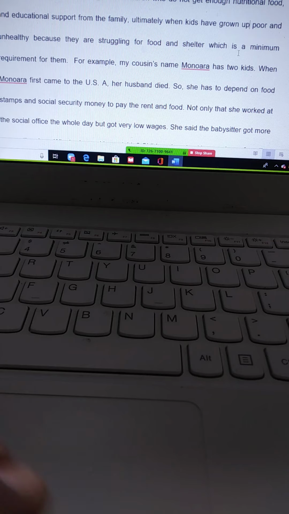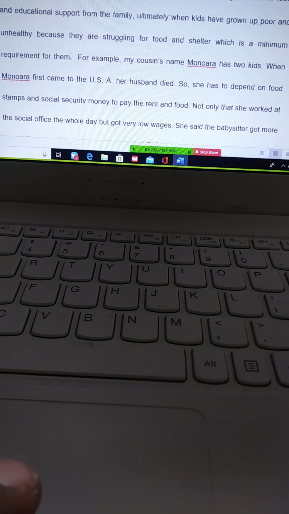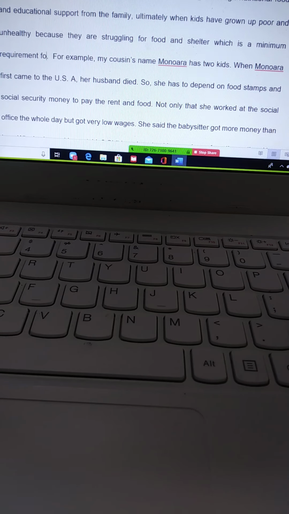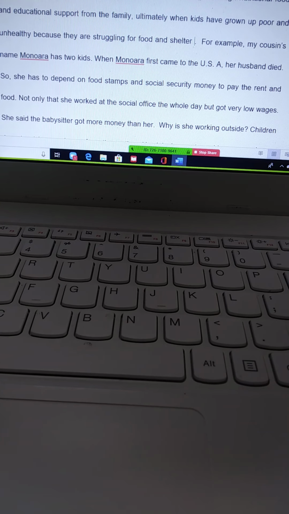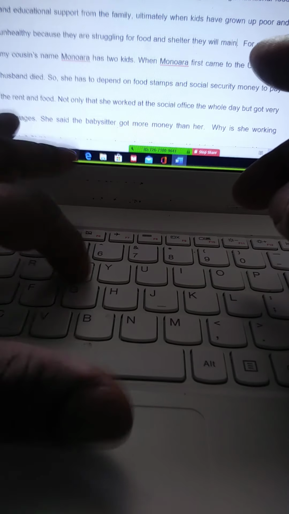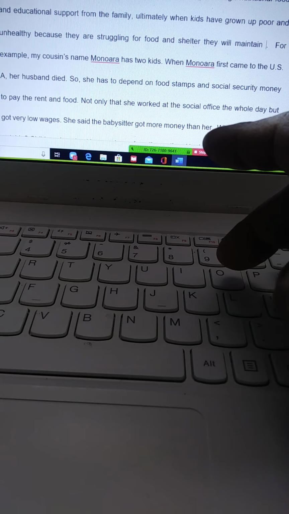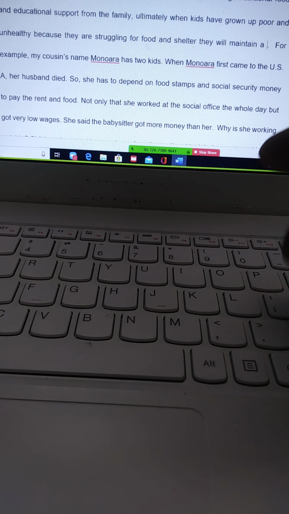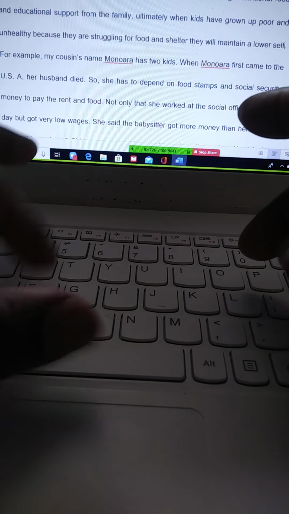Right, so that's shelter. I would get rid of the last part, which is a minimum requirement for them, because you don't say what the result is. Let's say, for food and shelter, they will remain poor. Instead of remain, maintain a lower self-esteem.